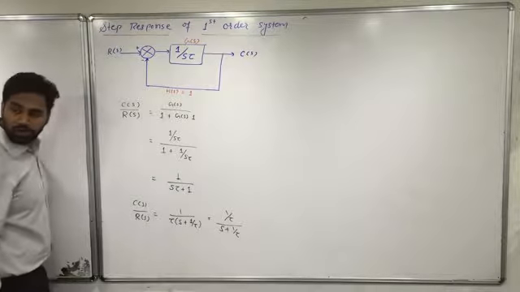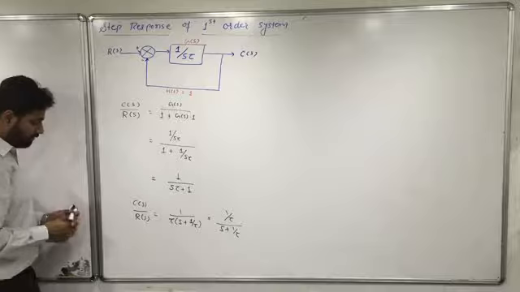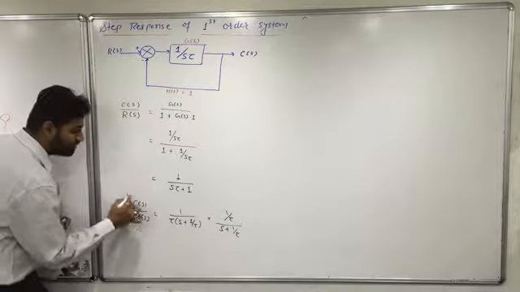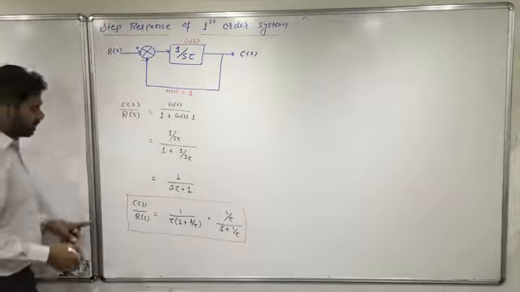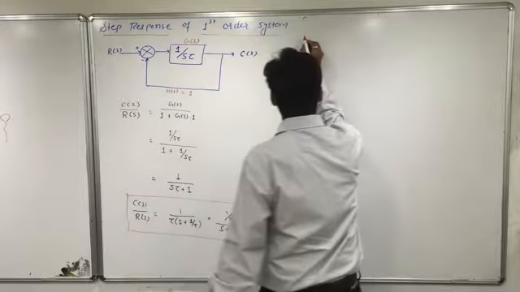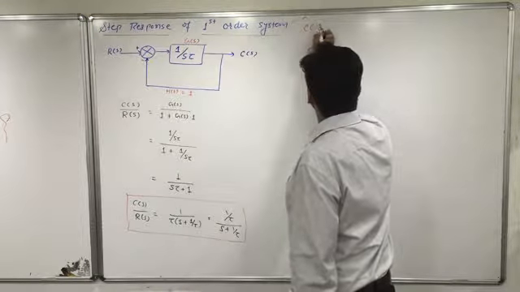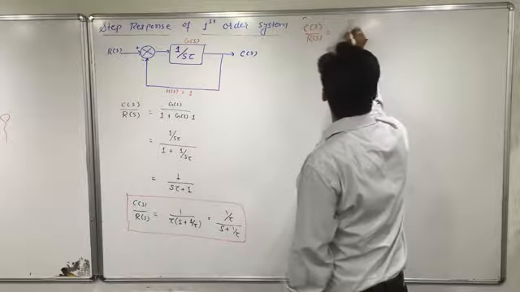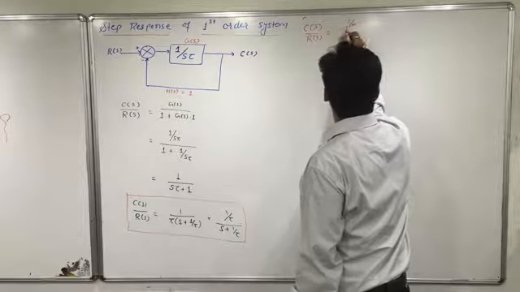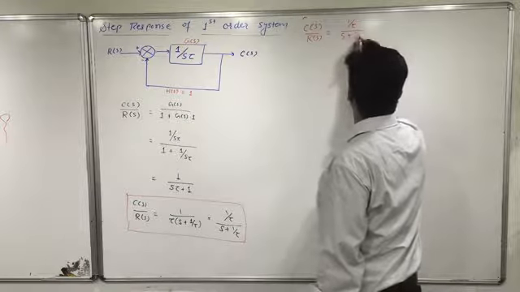Is it clear or not? So I have got my transfer function, which is equal to C of s upon R of s. So I have got my first step. Now what am I supposed to do? I can say that C of s upon R of s is equal to 1 upon tau divided by s plus 1 upon tau.